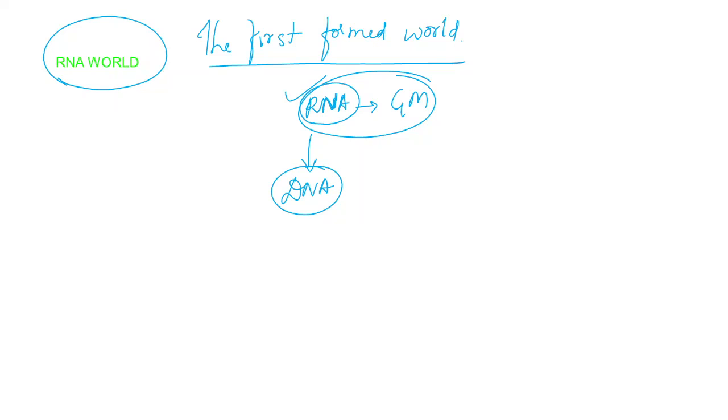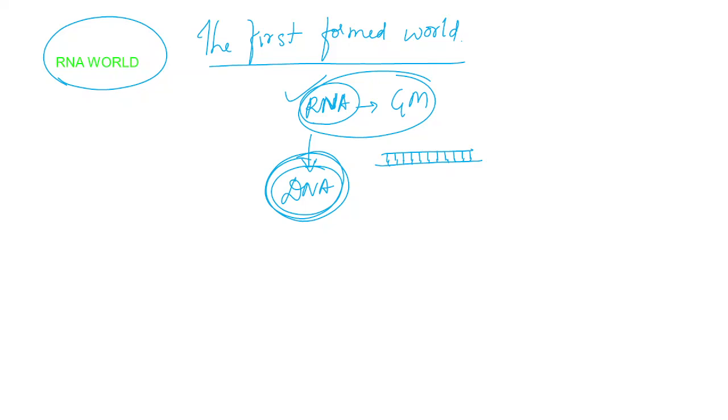RNA is single stranded, and this single stranded RNA was found to be more reactive and unstable. They developed another strand over this one, and the uracil was replaced with thymine, so that they developed the DNA. So by developing the DNA, the organisms got a more stable genetic material, that is DNA.